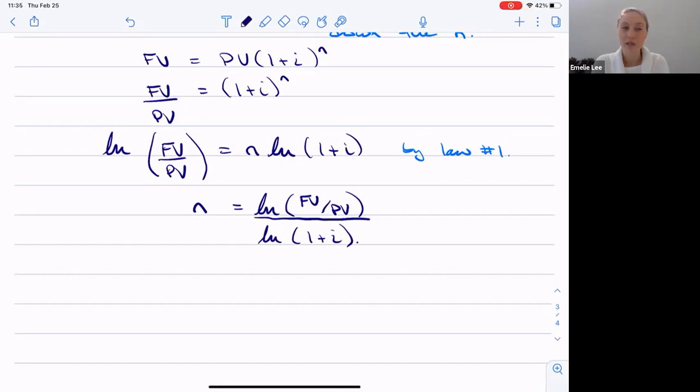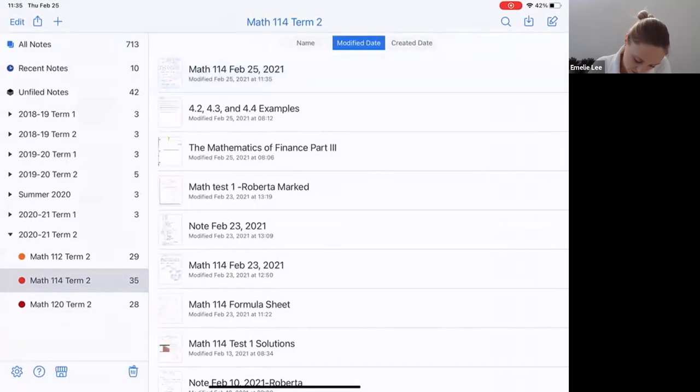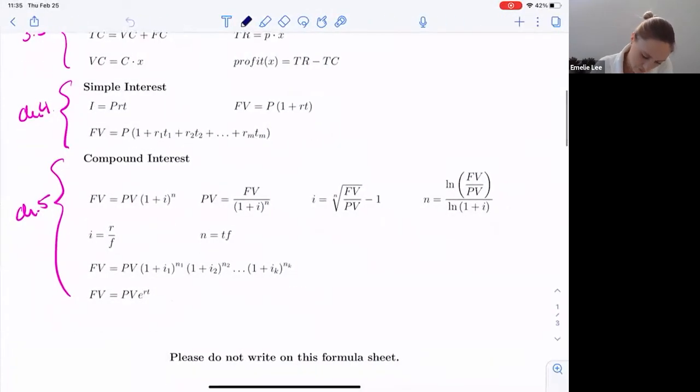Which, if we go to our formula sheet, right, let's just have a look here, that is exactly what we have on our formula sheet. So like I said, you don't need to do that calculation every time, but I do need you to know how we got here, right? So that's how we got there with logs.